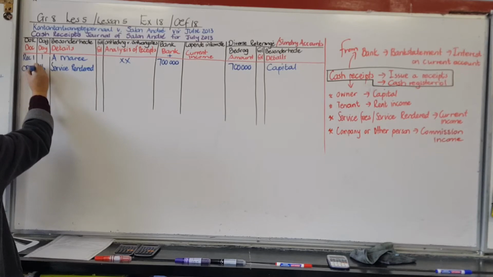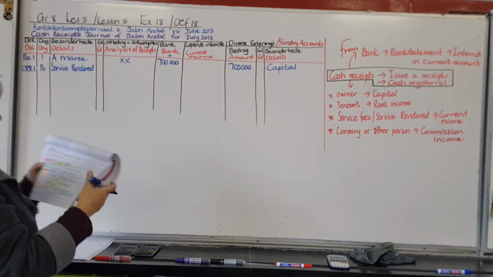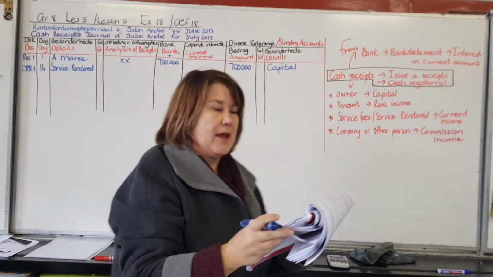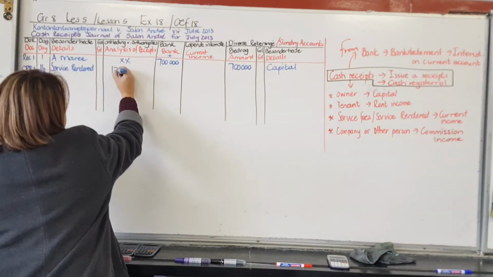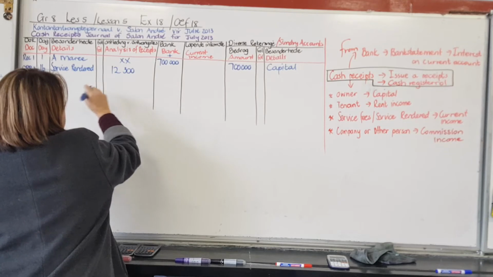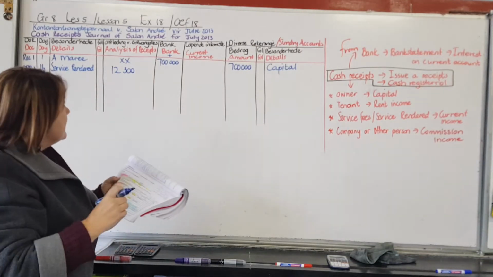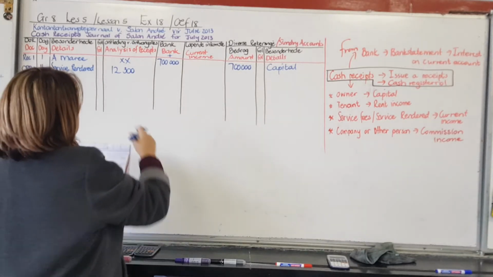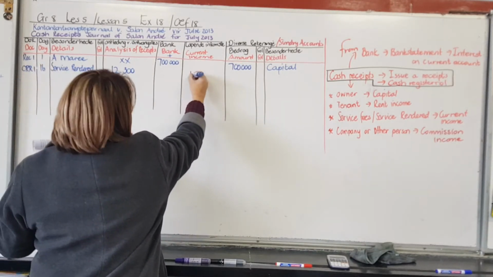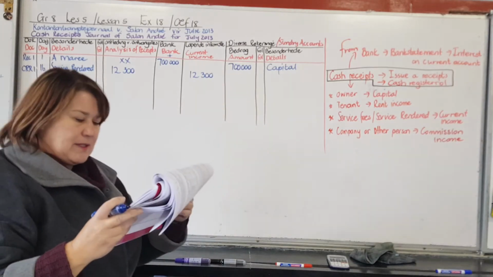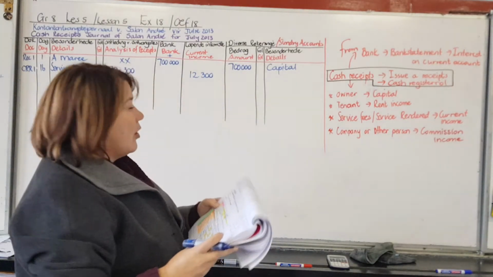Cash register roll number 1. And we've received 12,300 rand. So I've received 12,300 rand for service rendered. I'm going to put that amount in my analysis column, and service rendered is current income. So I'll also put the amount into my current income column.